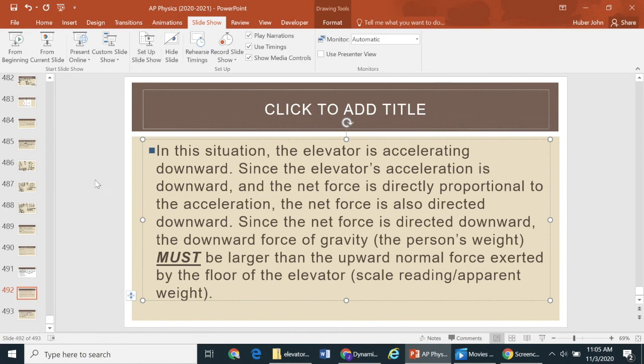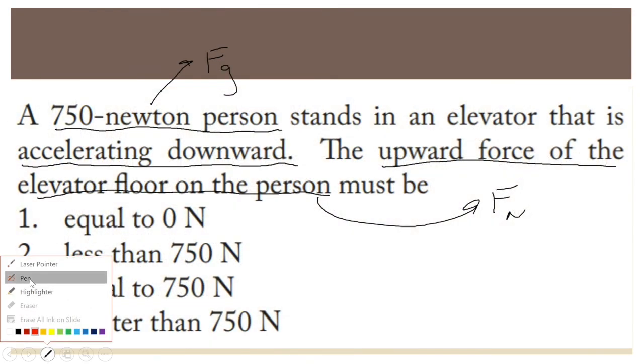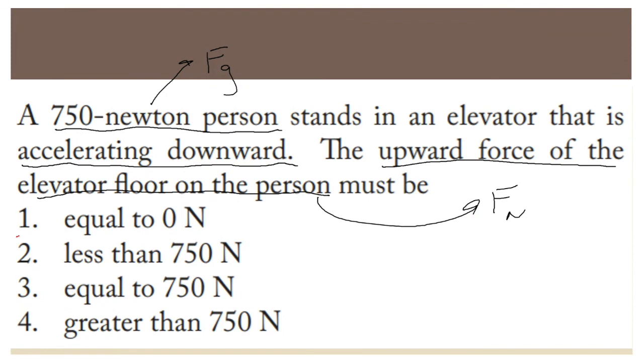And so if the downward force of gravity must be larger than the upward normal force, and the weight is 750 newtons, then that makes the answer choice 2, less than 750 newtons.